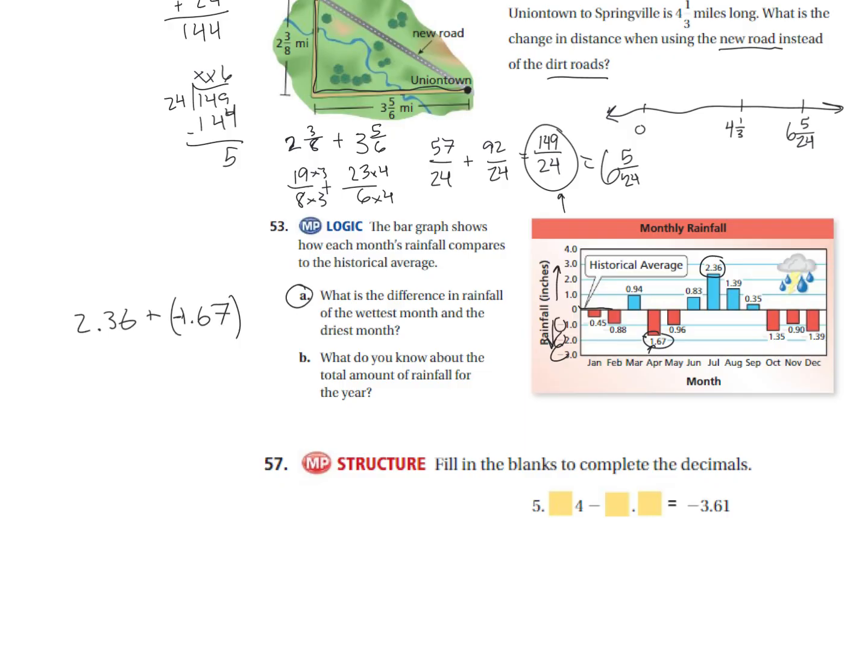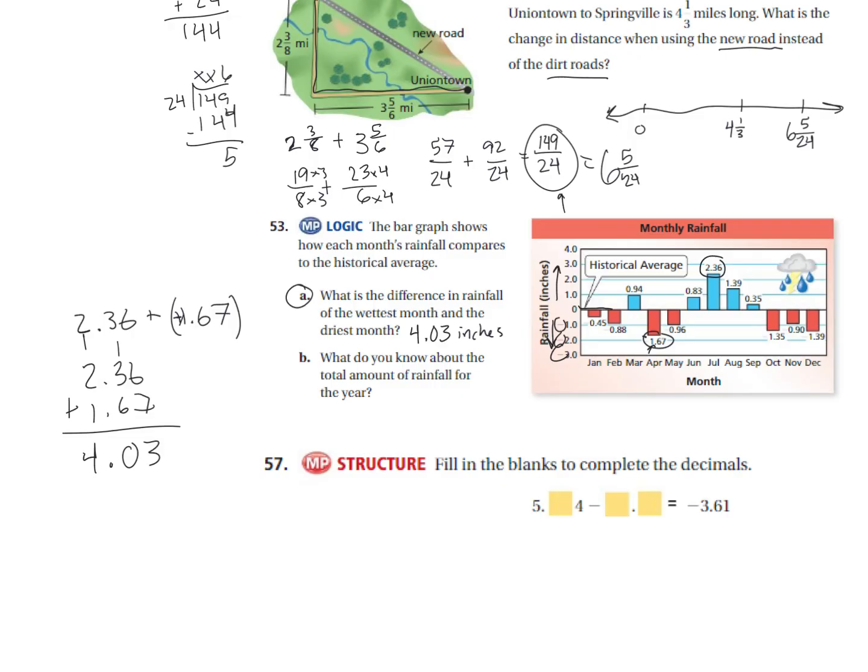And when we add both of these, we're going to do 2.36 plus 1.67, which will get 13. That's 10 and 4. Okay, so we would say that there is a difference of 4.03 inches of rain. So it rained that much more during July versus April, than average.